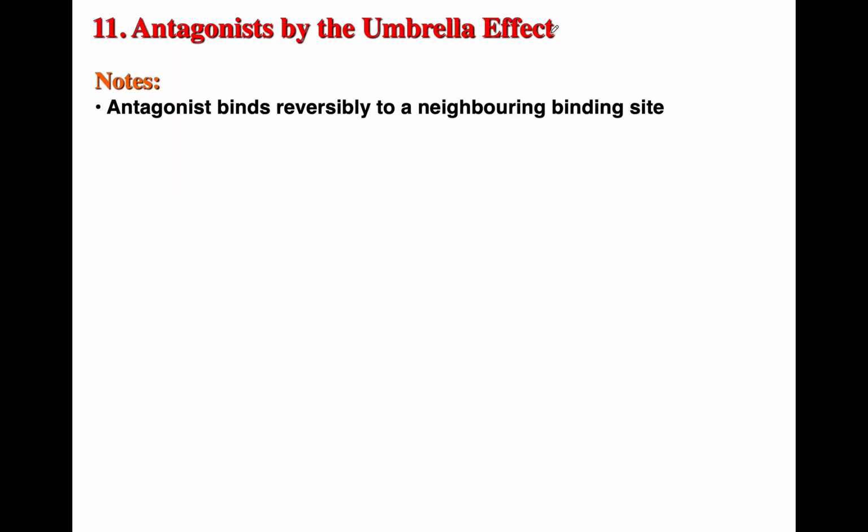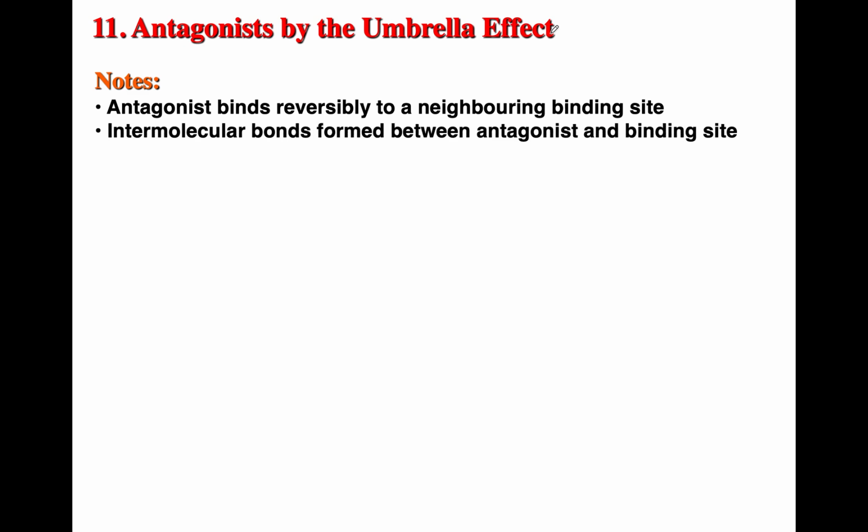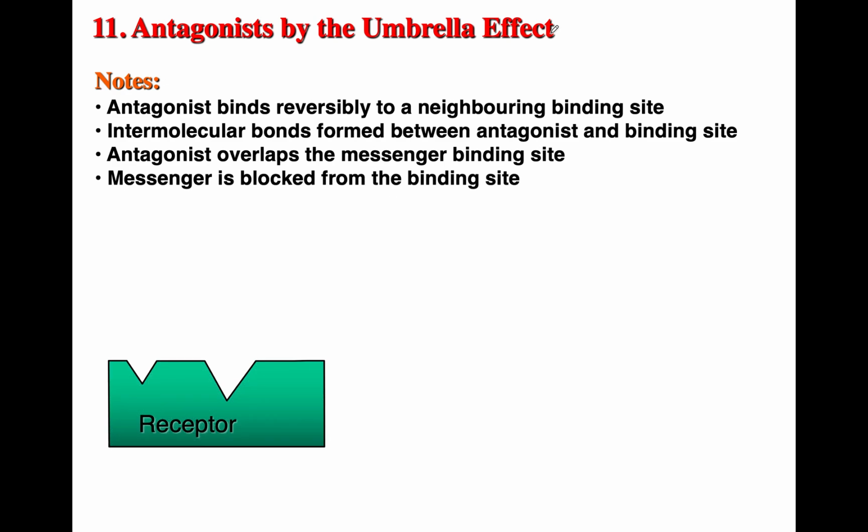Now there's another effect called the umbrella effect, where you have antagonists that bind reversibly to a neighboring site, but the antagonist is so big that it also covers the site where the binding of the messenger would take place. So it basically overlaps the messenger binding site, and it prevents the messenger from binding to its site. Let's look at it here in picture form.